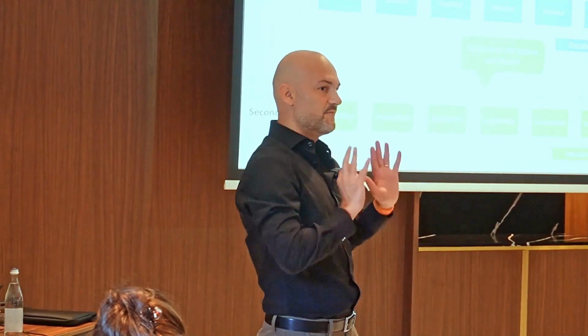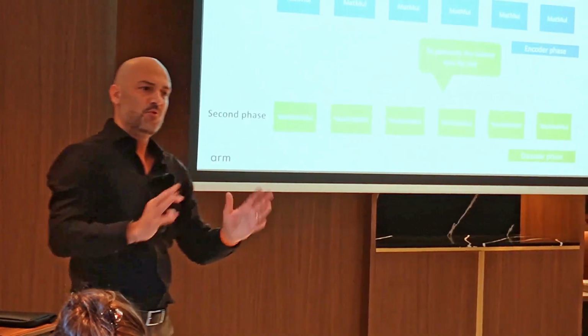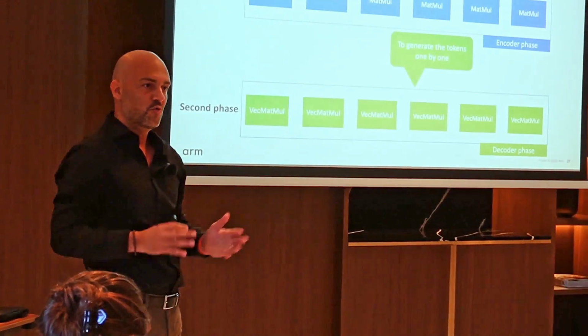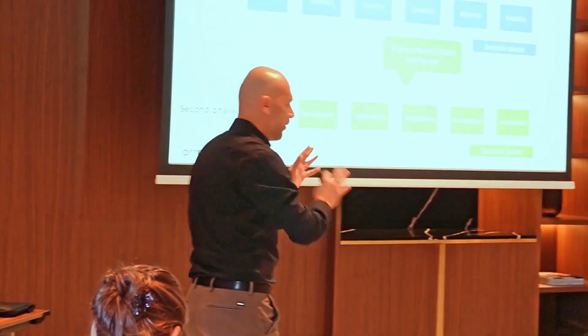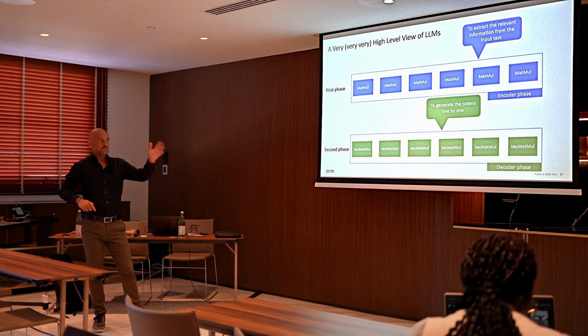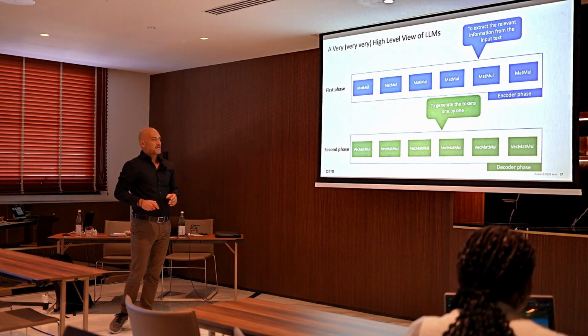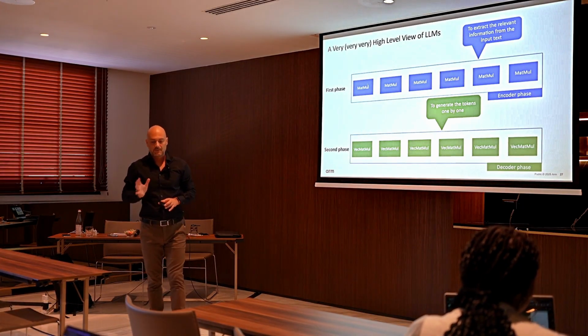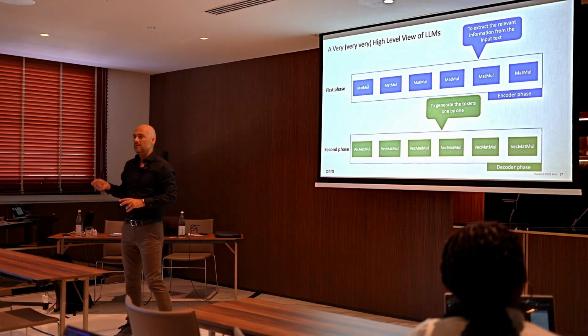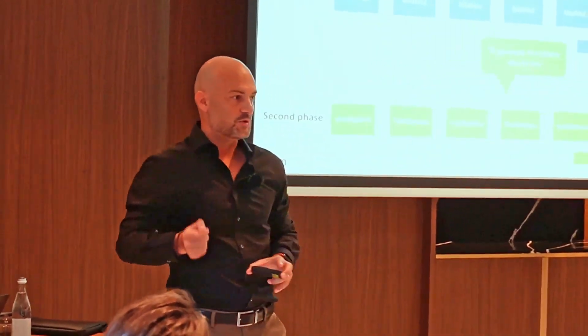Please, this is a very simple view, okay? But it summarizes more or less the LLM compute workflow. The second phase, also called the text generation phase, is a phase where we have a lot of vector by matrix operations.